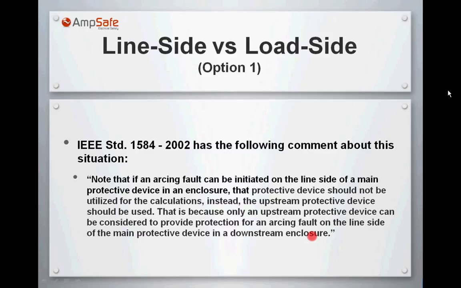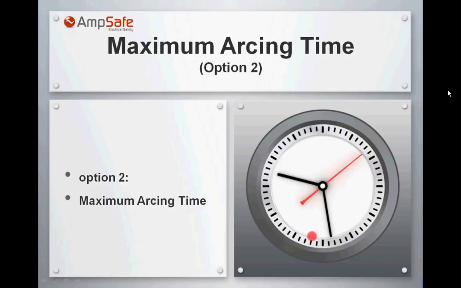Let's go to some interesting situation here, which is arcing time. Every time you calculate arc flash incident energies, you have to make a decision on a very important variable, which is the arcing time. A lot of times, you don't have to be concerned about the arcing time, just putting in a number.